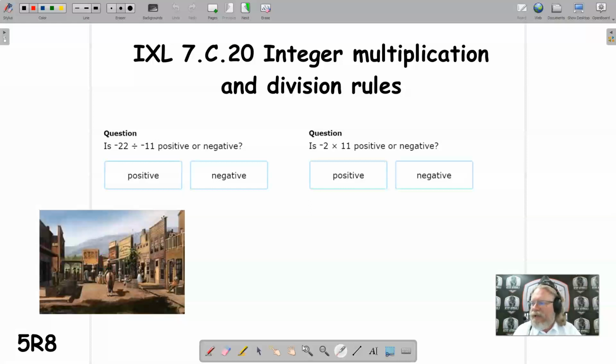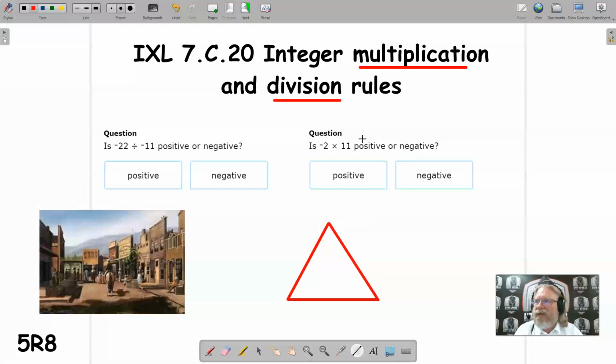So in the textbook lesson that I did on this, I discussed a memory device for multiplying positive and negative numbers and also dividing positive and negative numbers, because this is for multiplication and also for division.